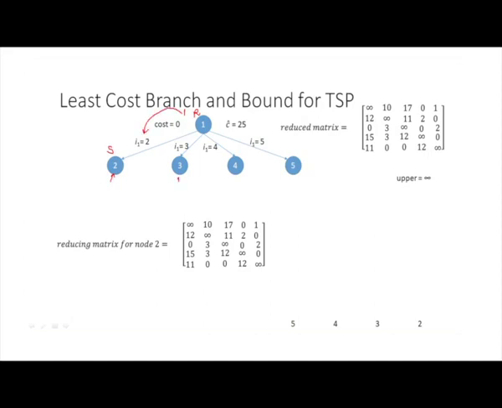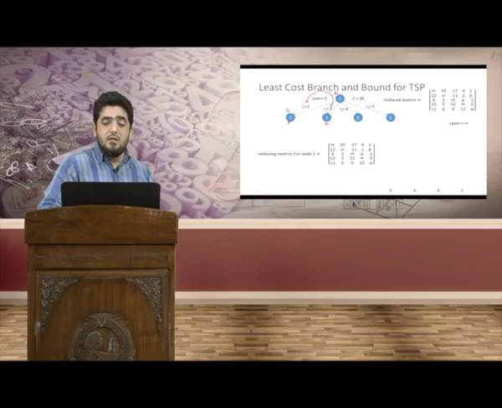Similarly, node number 3 represents that we are including edge 1 to 3 in our tour. Similarly, node number 4 represents that we are including edge 1 to 4 in our tour. Similarly, node number 5 represents we are incorporating edge 1 to 5 in our tour.